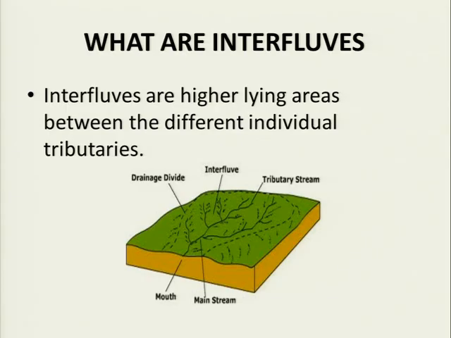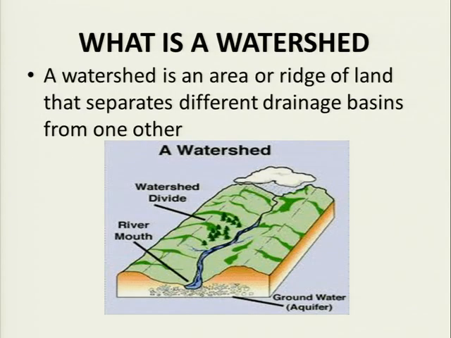If you look at that picture, the watershed is the dotted line, whereas the interfluve, those are the higher lying areas between those little streams. The watershed is the area or the reach of land that separates the different drainage basins from one another. As you can see there, remember, it has to make water go from one side to the other.